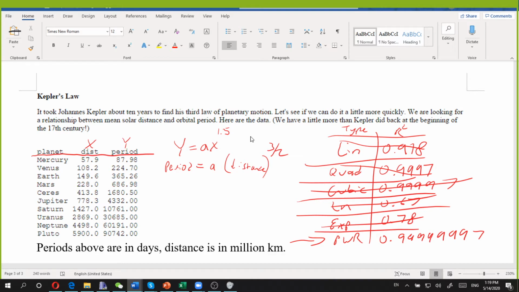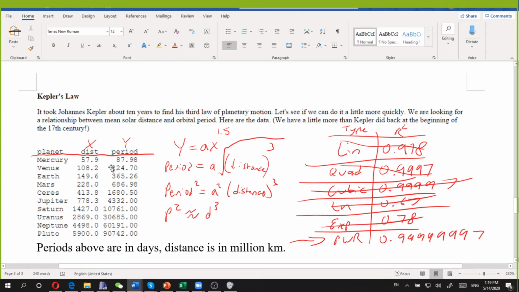If you remember, 3/2 is the same thing as raising something to the 3rd power and placing it underneath the square root. So I'm going to square both sides, and this will become our period squared is equal to some constant squared times our distance cubed, which means our period squared is directly proportional to our distance cubed from the sun, which is, if you guys have taken physics, Kepler's 3rd law of planetary motion.